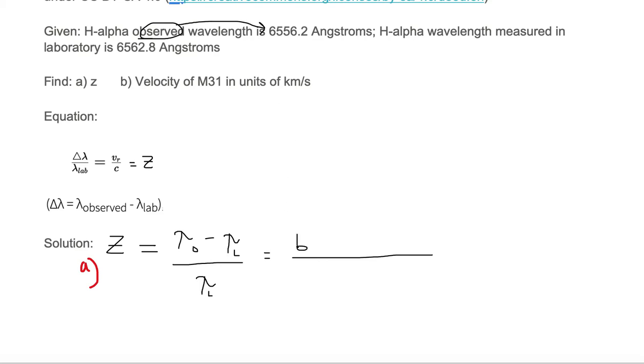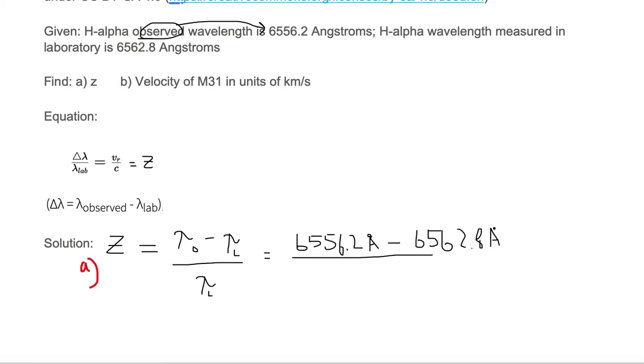So we'll substitute that in, and the units are angstroms. Angstroms have a little a with a little 0 at the top. So we're subtracting off the laboratory wavelength, which is 6562.8, same units, angstroms.